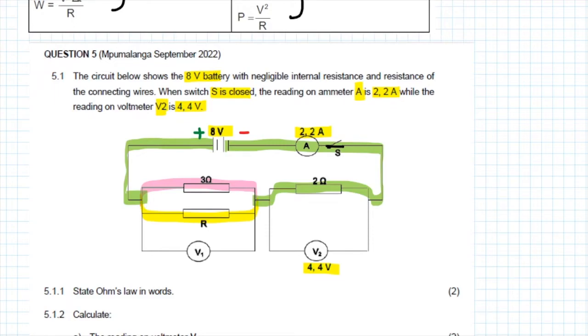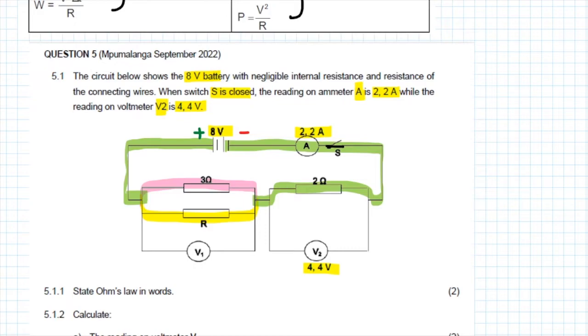So notice that the 2 ohm resistor is connected in series with the battery because the same current that flows through the battery flows through the 2 ohm resistor. The battery and the 2 ohm resistor are in series with the ammeter. So the ammeter measures the current through the battery and the 2 ohm resistor.